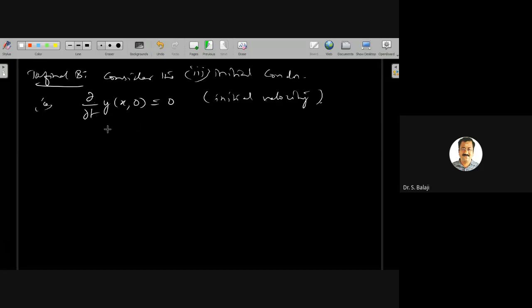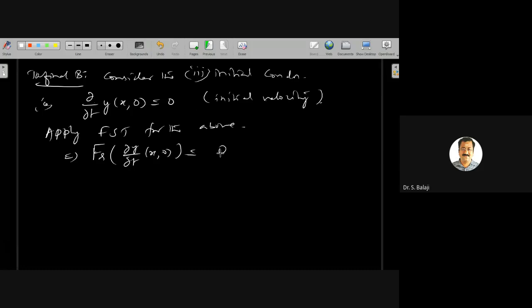Now apply the same transform, the Fourier sine transform, to the above. If you take the Fourier sine transform of dou y by dou t of x comma 0, the right side is 0, therefore the Fourier sine transform of 0 is also 0. How can you write this?